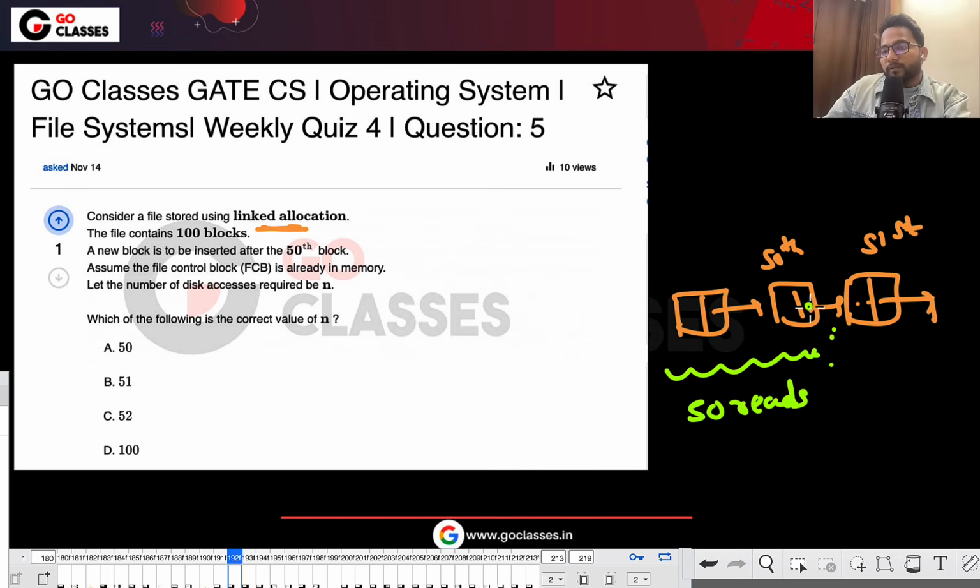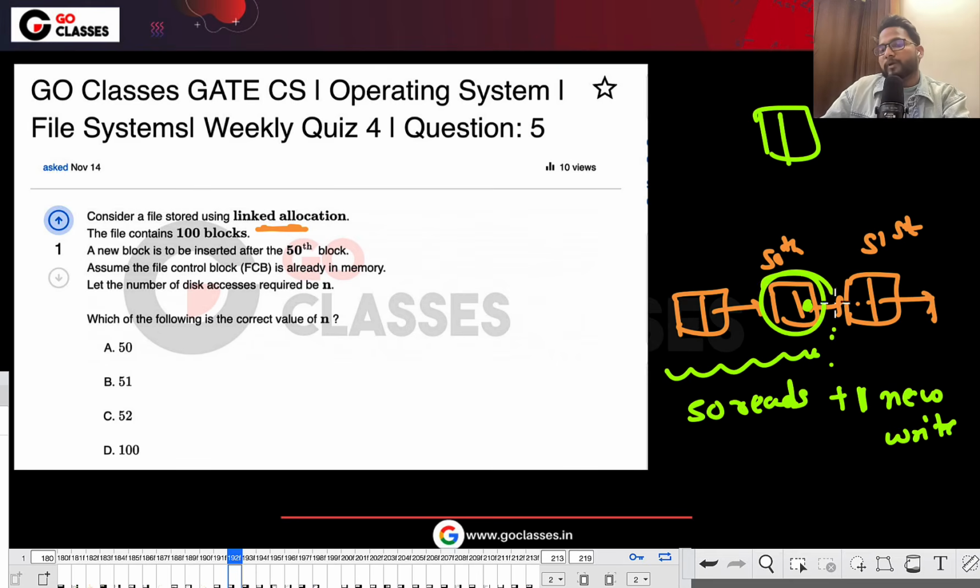Now, plus 1, you can say 1 new write. You can write it anywhere, it doesn't matter. So let's suppose I'm writing it here. Now you have to modify this, right? Which means you have to write it back.